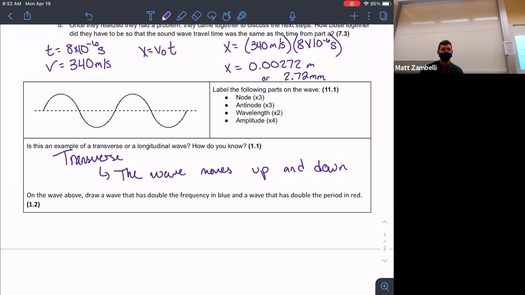Where are the nodes going to be on this wave? Where do I put the nodes?